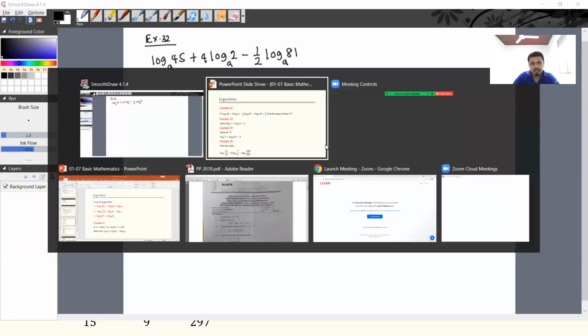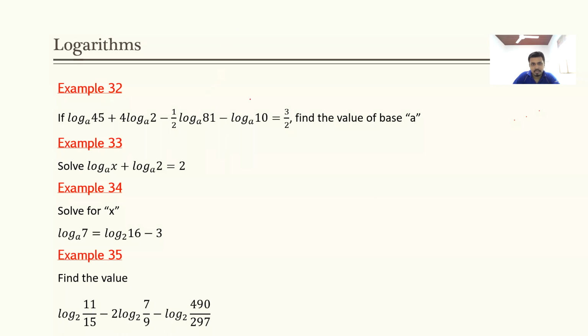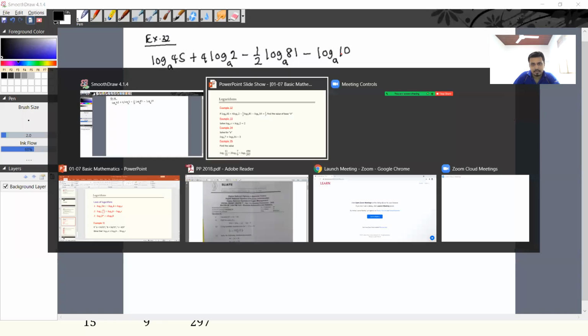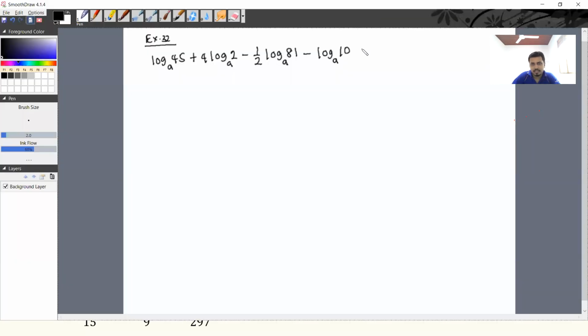Minus log of 10 to the base a equals 3 over 2. We need to find the value of a here.